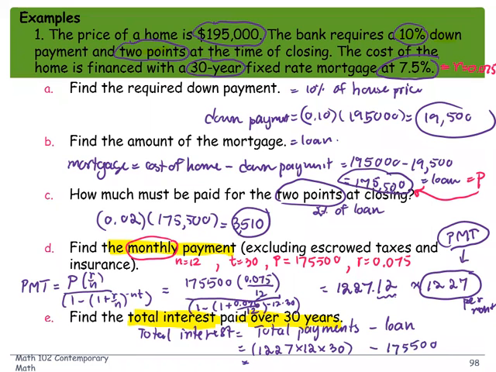Put in the calculator and we get the total payment as 441,720, and take away the amount of the loan, 175,500. So the total interest over 30 years would be $266,220. So you pay more in interest than the cost of the home.